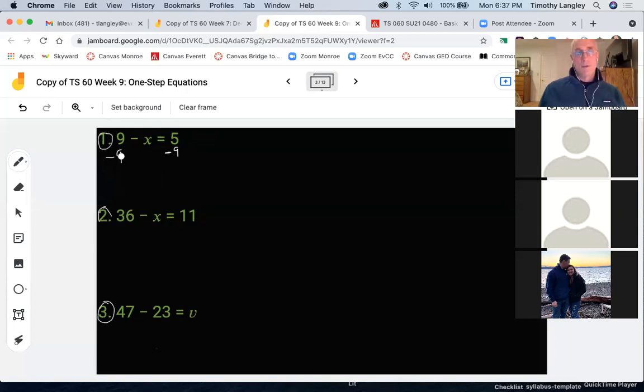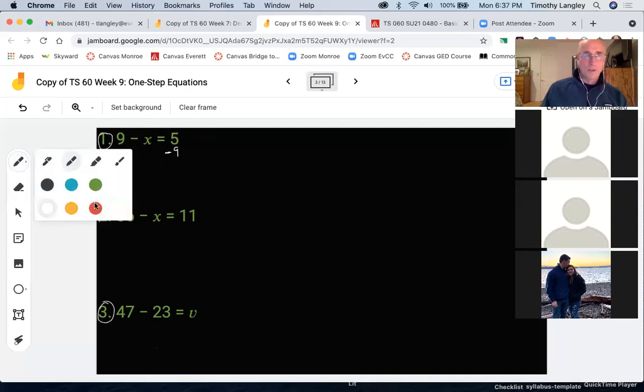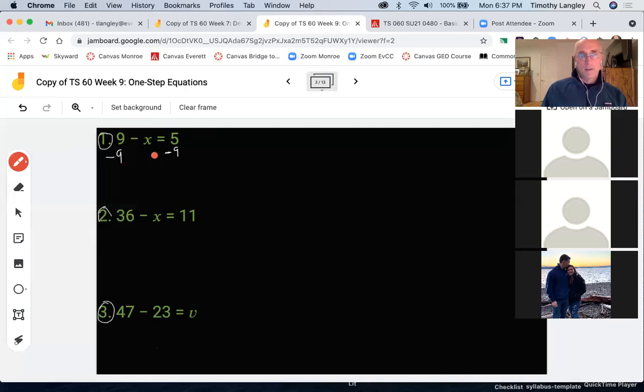But anyway, I'm just going to show you how to do this. So I want x by itself. So I'm going to subtract 9 from there. So that gives me what's left here. I have -9. I'm going to change colors so it's really clear what I'm doing here. That means these now cancel out. Okay, so I have minus x here, equals.